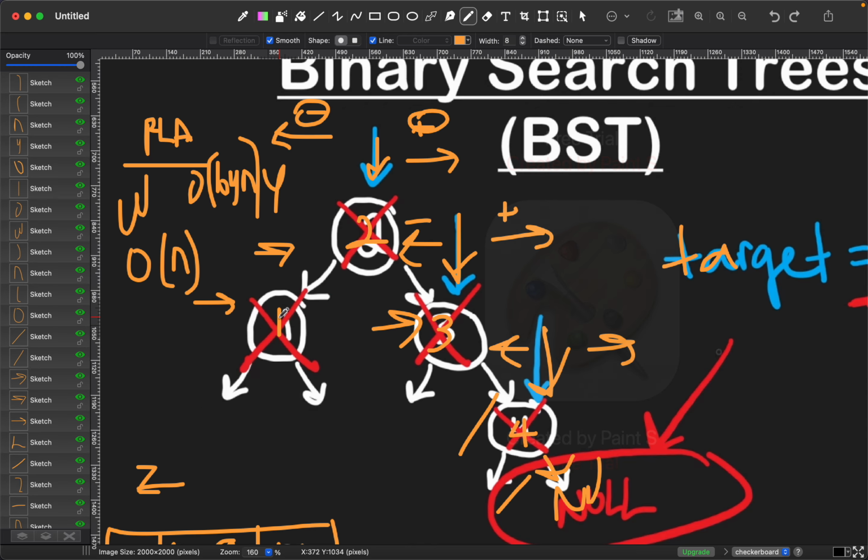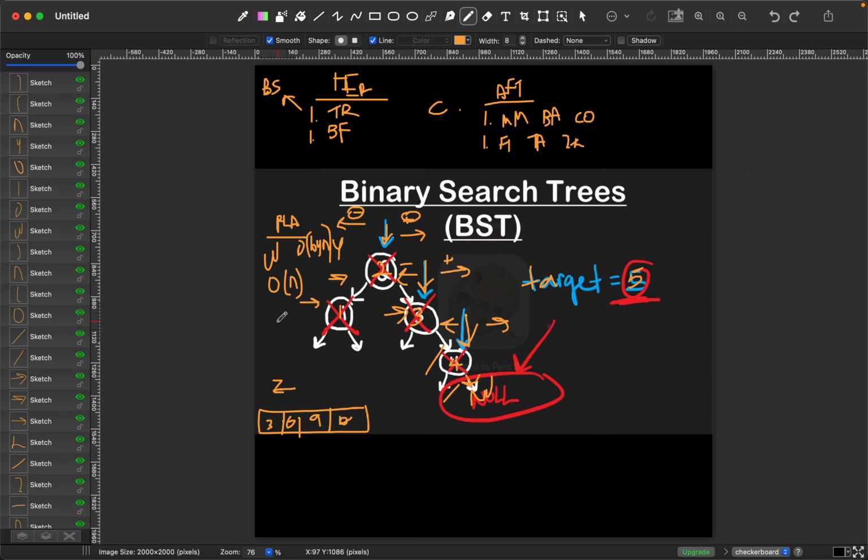That's the way I would argue against brute force with a tree.